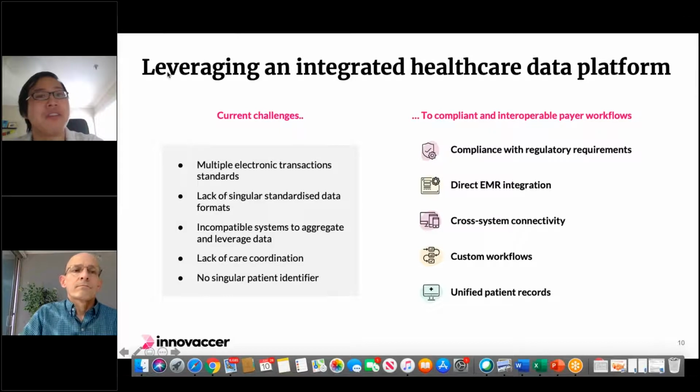Can you piece together different elements? Let's say, for instance, using gaps as an example, what if you could flag a quality gap for the provider and then make sure you got the chart to document that. And then at the same time, you pass that information to the member and you gave them a heads up before they saw their PCP. That's an example of the cross-system connectivity and custom workflows that can enable that type of effort.